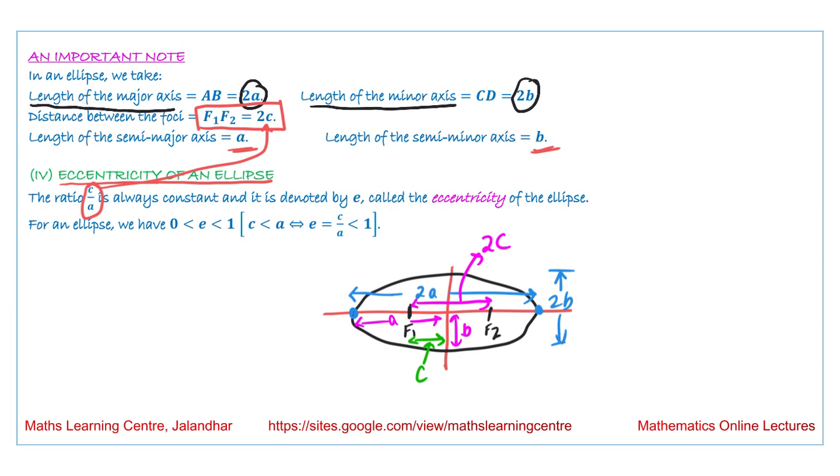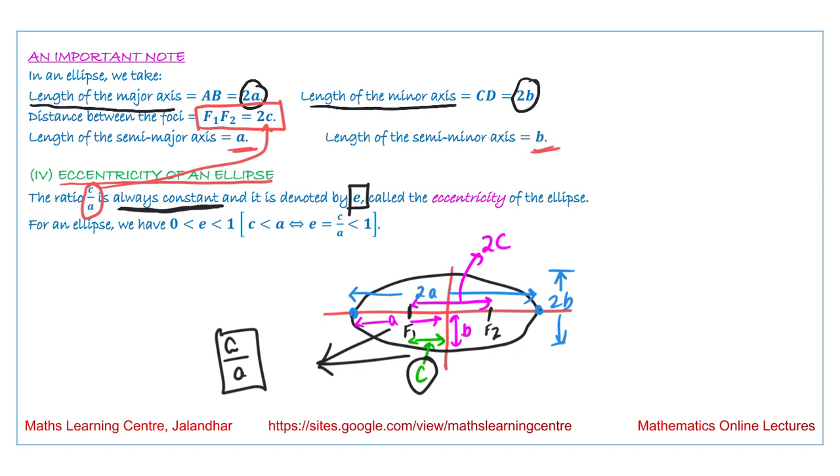So the eccentricity of an ellipse is c upon a. Eccentricity means half of the distance between the two foci divided by half of the length of the major axis. It is denoted by e, and this is always a constant quantity.